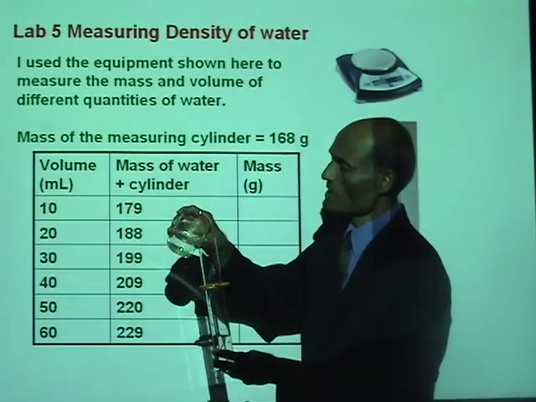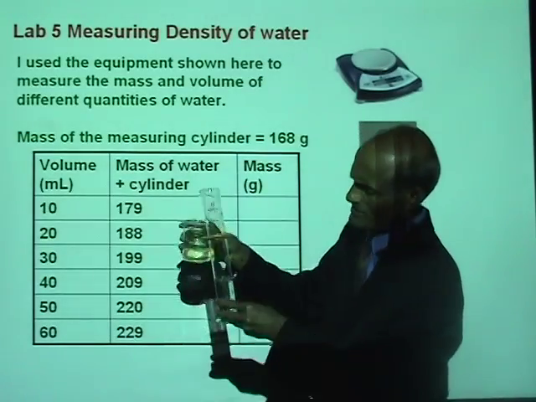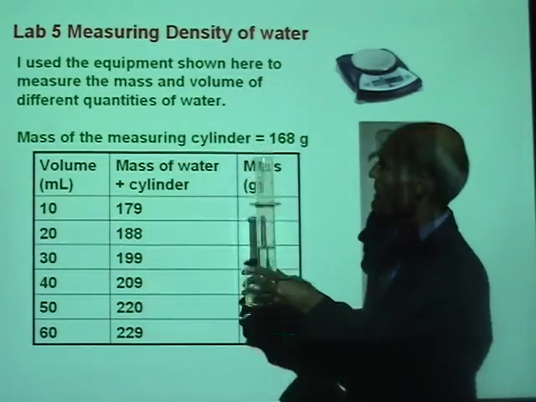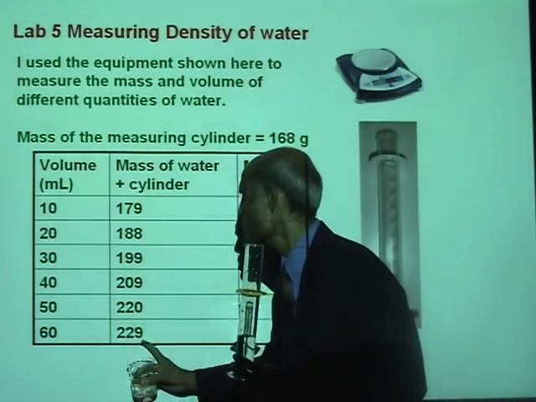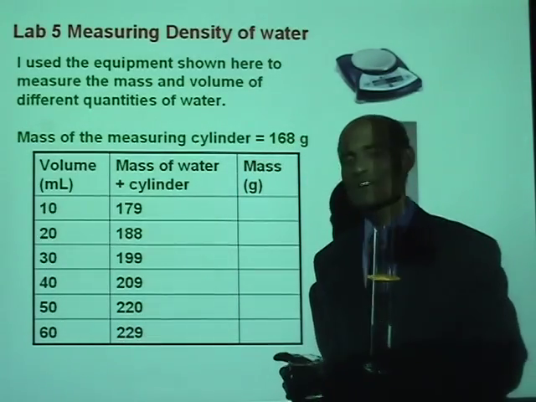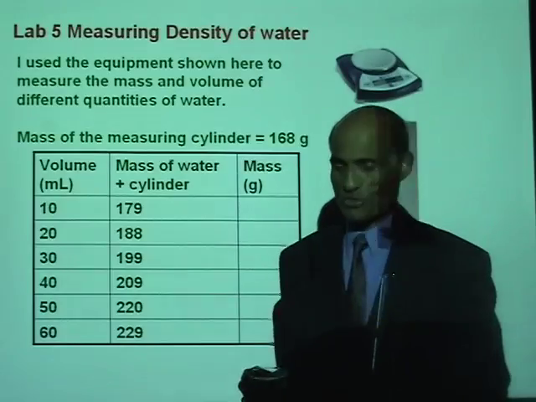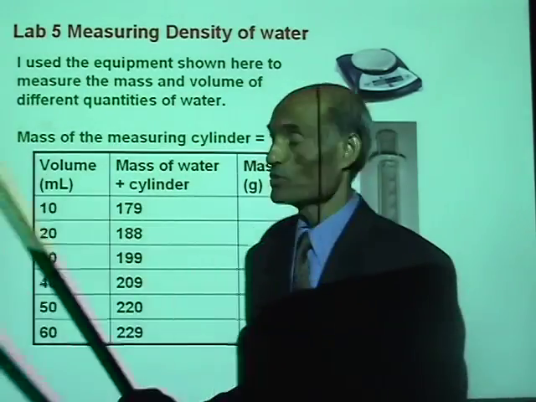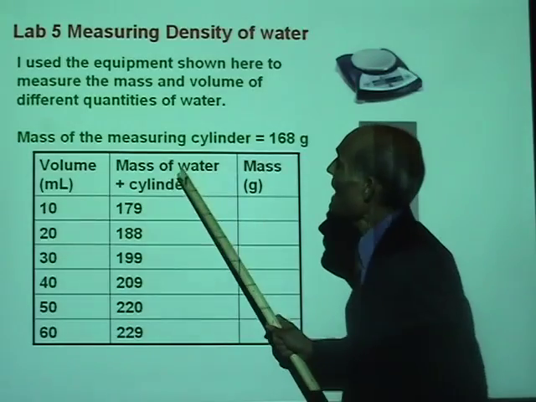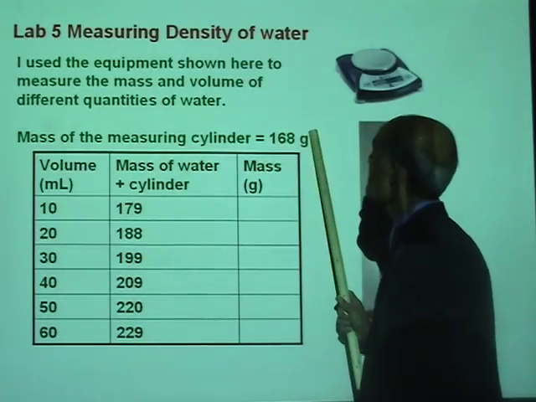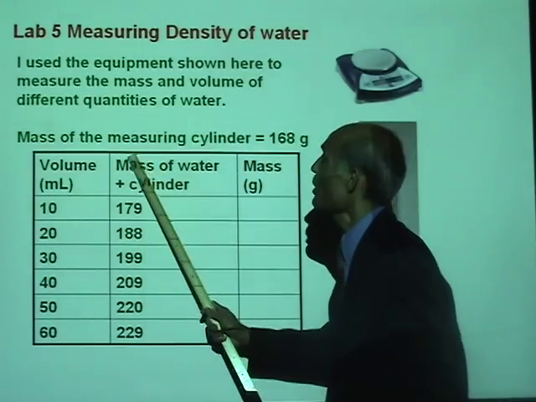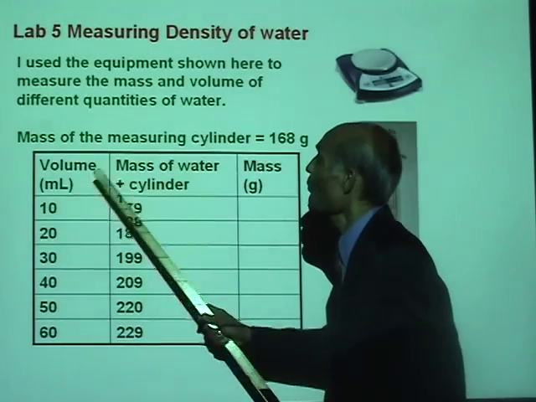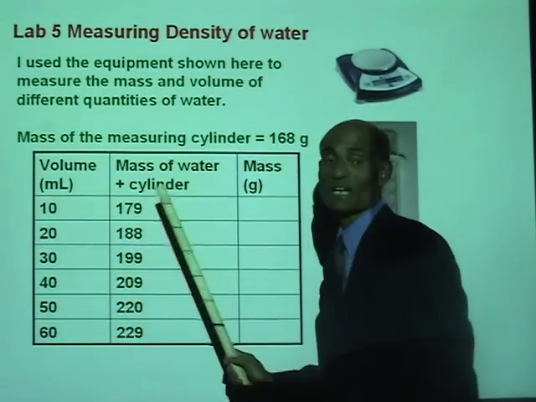And finally, I got 60 milliliter, and the mass I measured, I got 229. So, I hope you understand your task in here. Now I give you the mass of the cylinder alone and also the mass of water plus the cylinder.